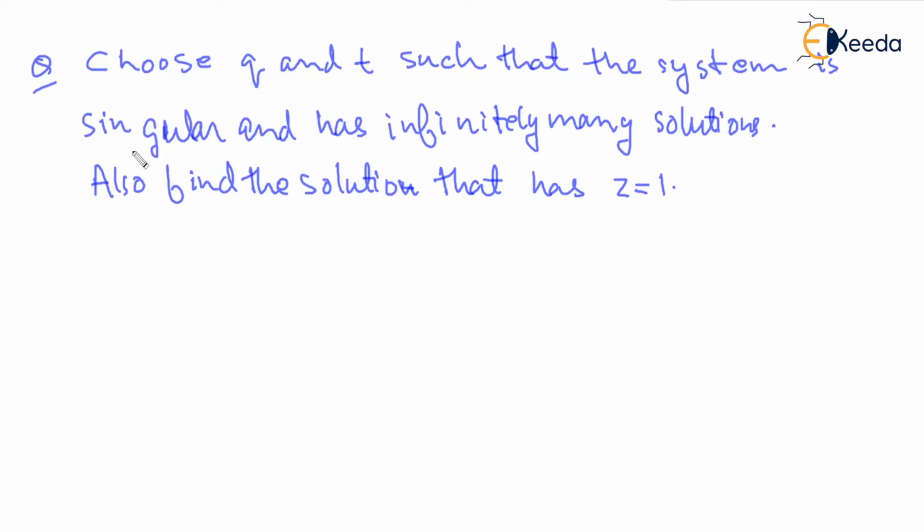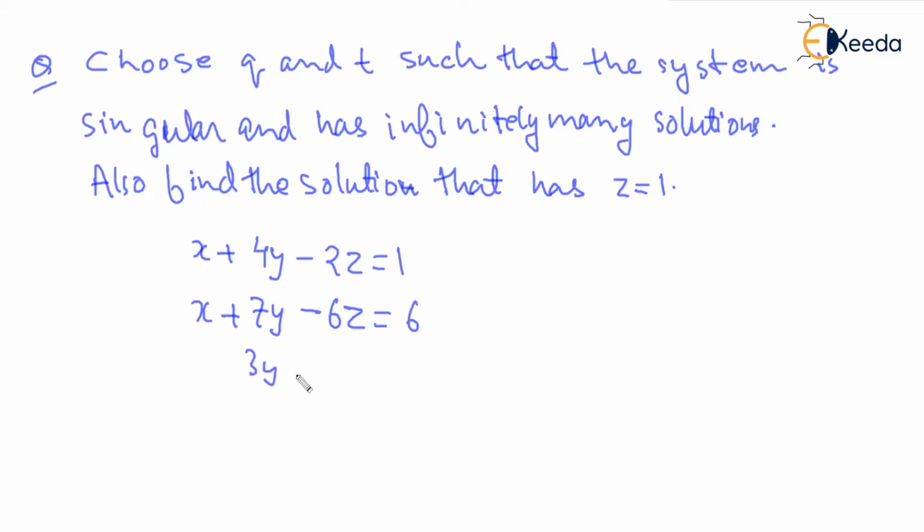So the system is given as x plus 4y minus 2z equal to 1, x plus 7y minus 6z equal to 6, 3y plus qz equal to t. Let's see what is the requirement here.